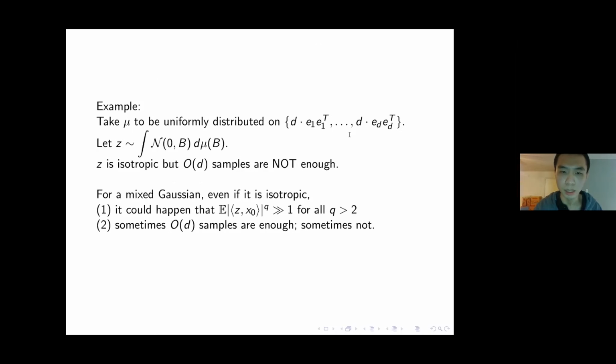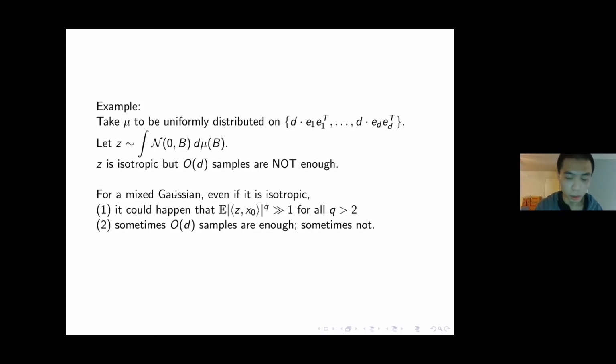That one is isotropic, but I think we need a log D factor. So D number of samples is not enough. So this is a mixed Gaussian, even more spiky, but D samples are not enough. So sometimes D samples are enough, sometimes D samples are not enough, okay?